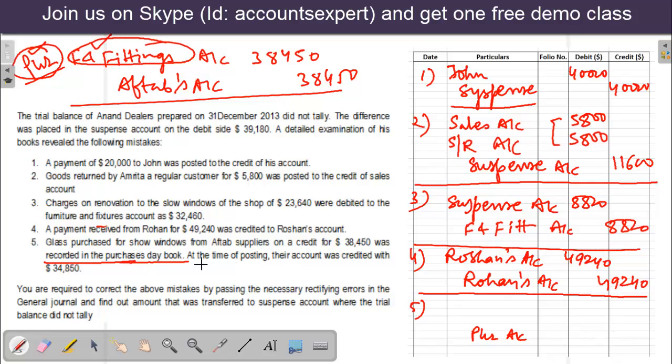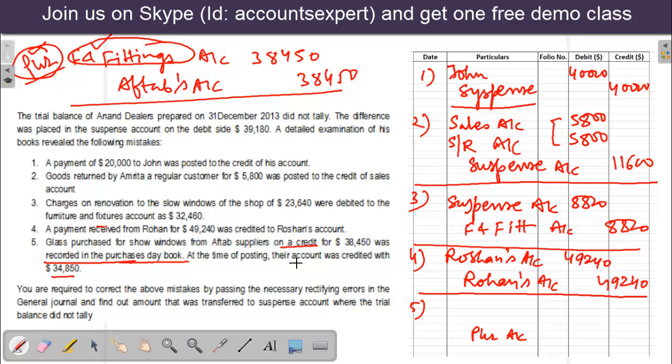At the time of posting, their account was credited with 34,850. Glass purchased for show window from Aftab supplier on credit was recorded in the purchase book.